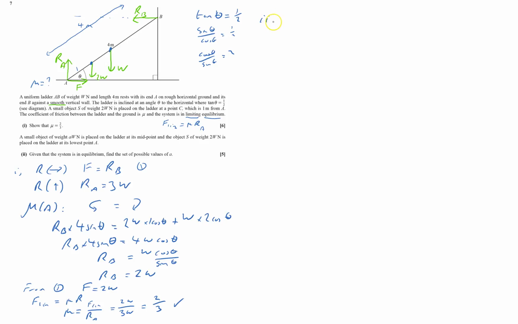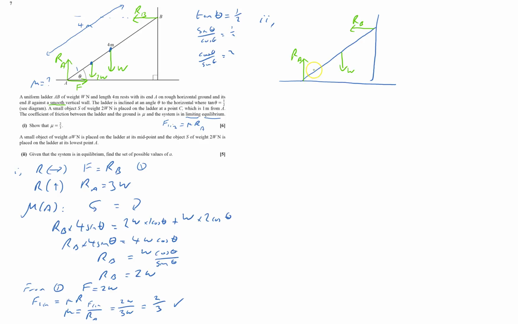So now on to part 2. Okay, first off I need to draw a new picture of what it looks like. Lots of the forces remain the same. I still got W here. I still got normal contact force here, I'm going to call that RA still. Still got normal contact force here, RB.